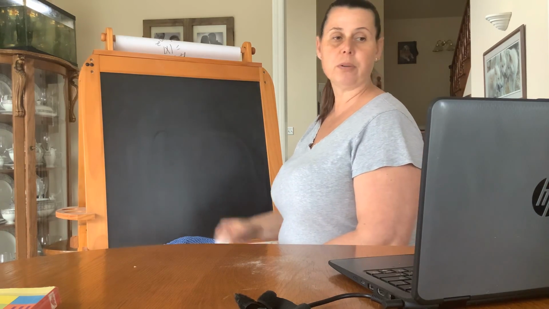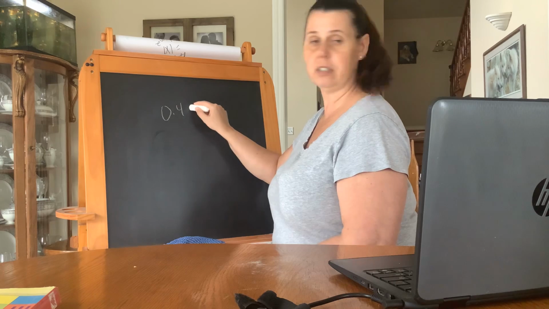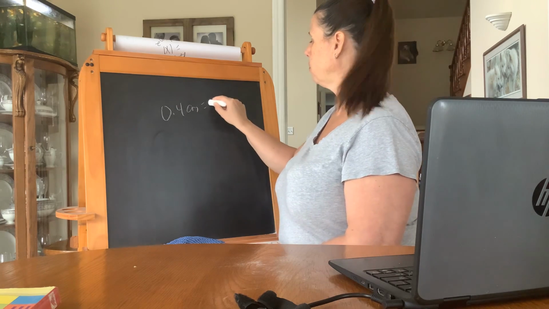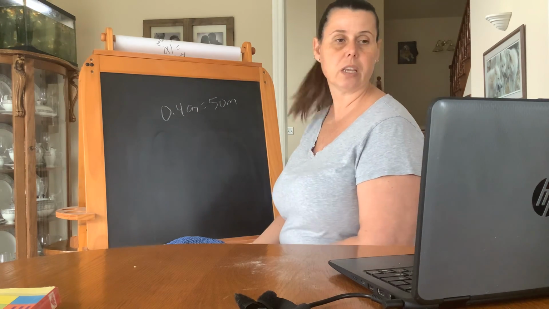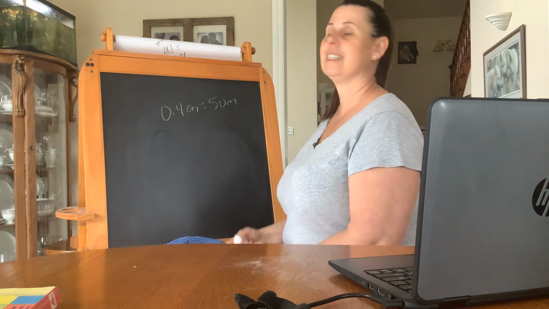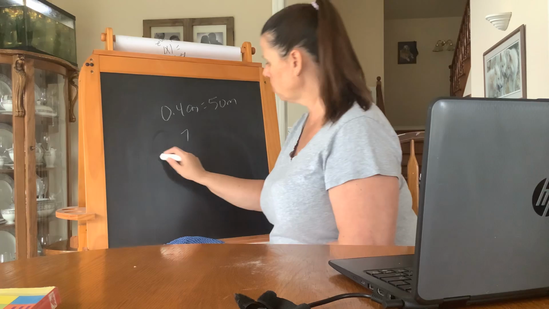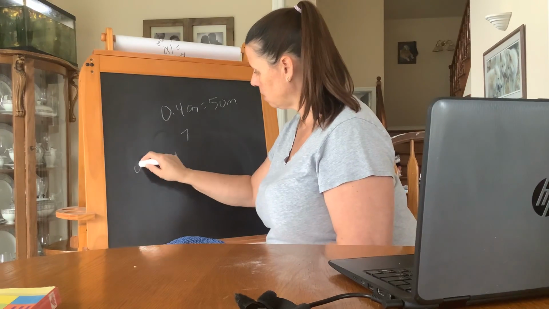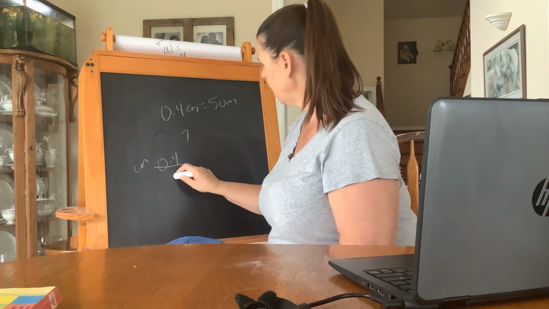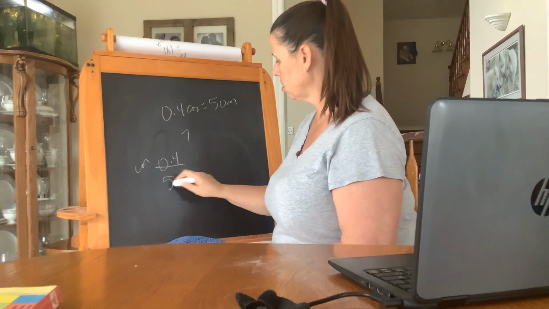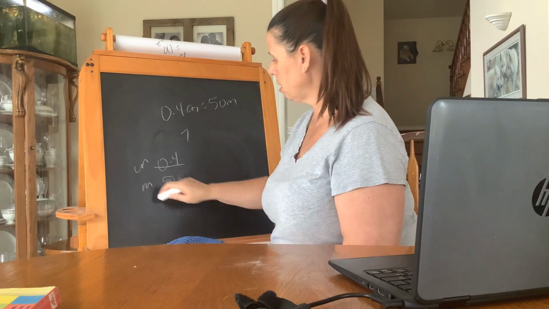Okay, on a map, 0.4 centimeters equals 50 meters. How many meters does 7 centimeters equal? So we have 0.4, these are our centimeters, and 50 meters, these are our meters.